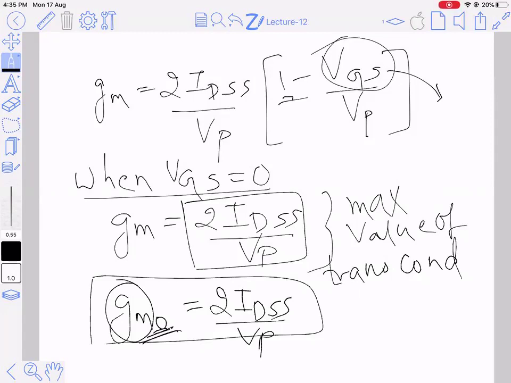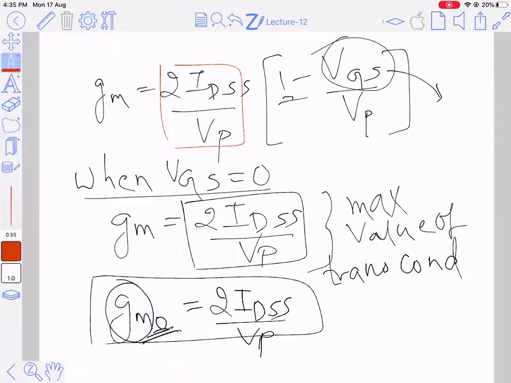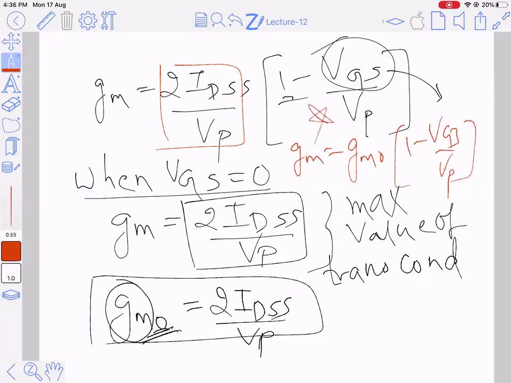So how can I rewrite the formula for GM? This part I'll write as GMO. So I can write GM is GMO into 1 minus VGS upon VP. And what is this GMO? It is this.